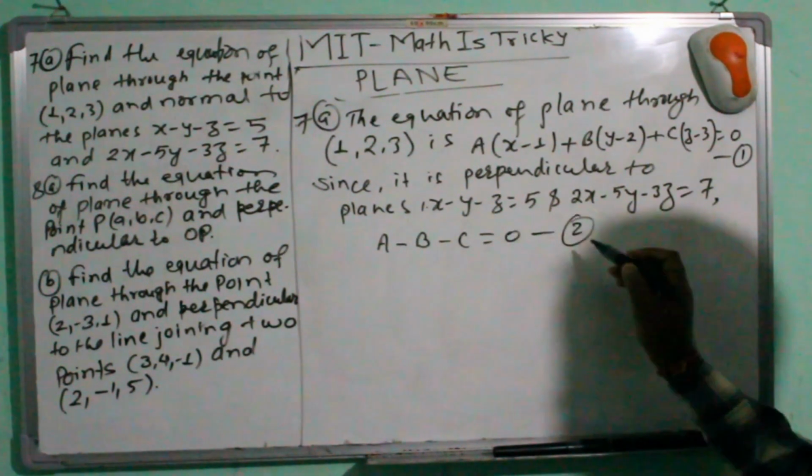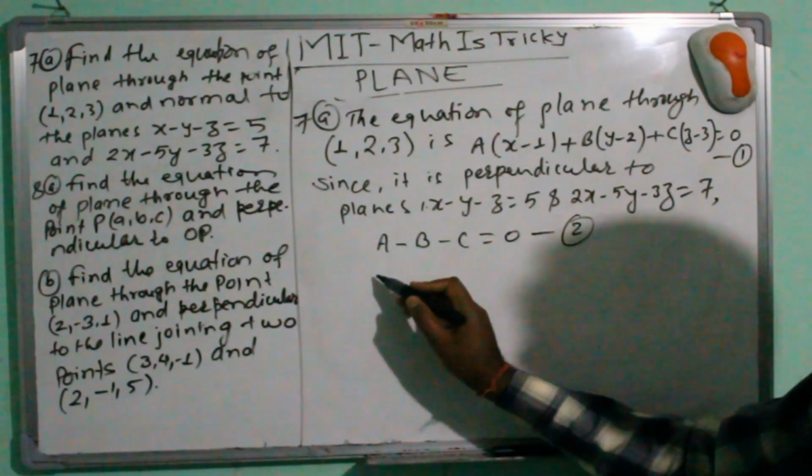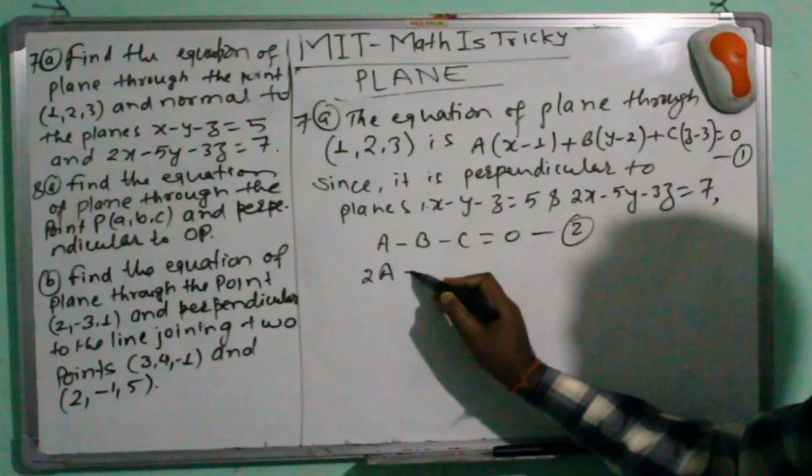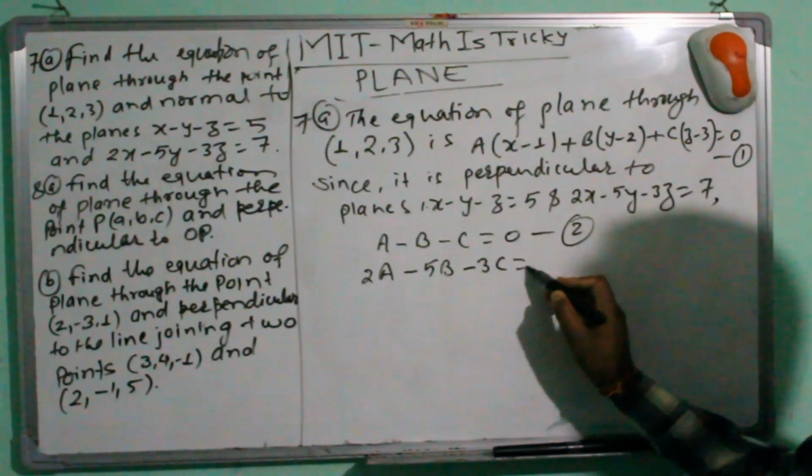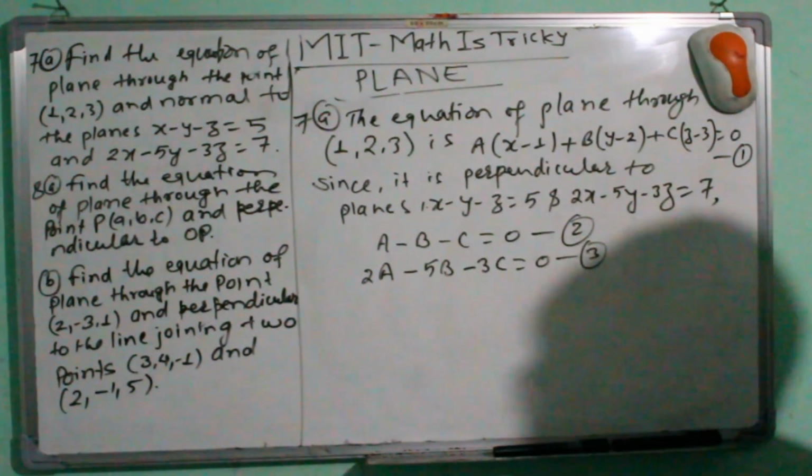Let it be equation 2, and from this we'll get 2a minus 5b minus 3c equals 0. Let it be equation 3.